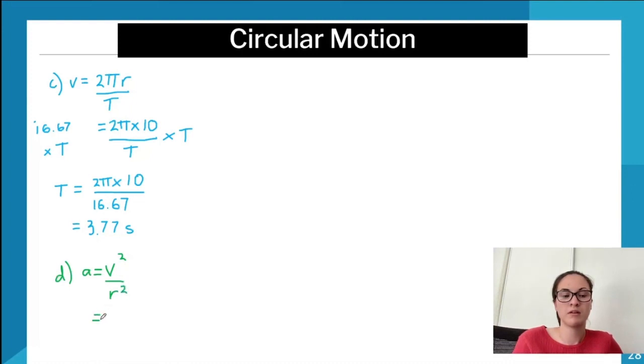So it's going to be in brackets 16.67 multiplied by 2, squared, over the radius squared, which is just 10 times 10, which is just going to be 100.